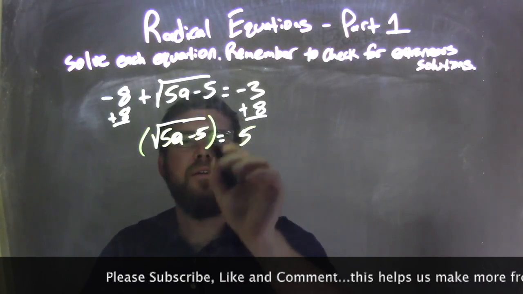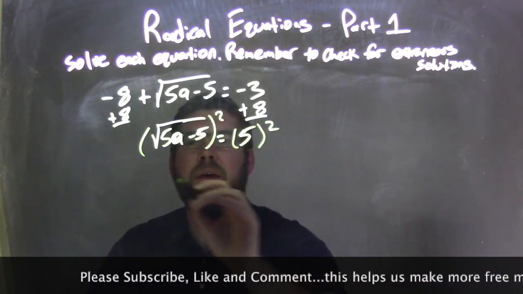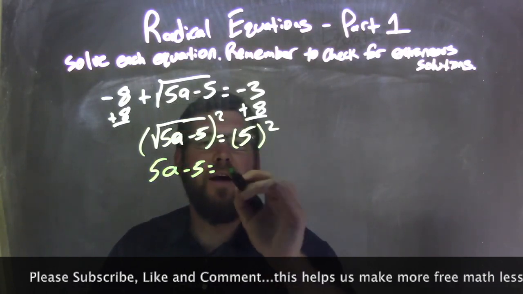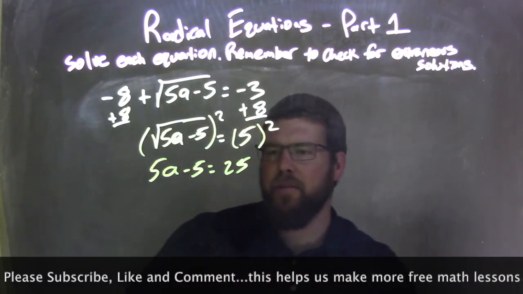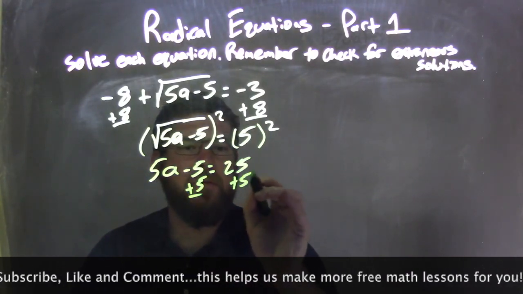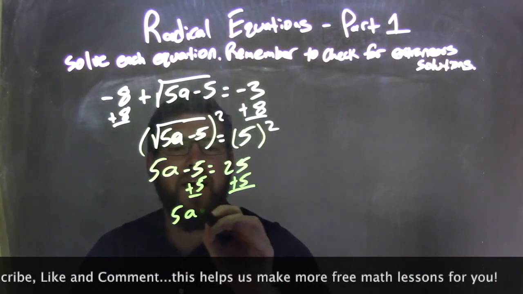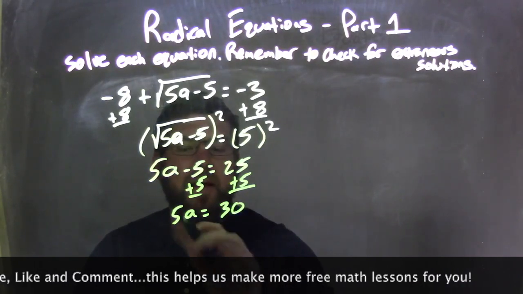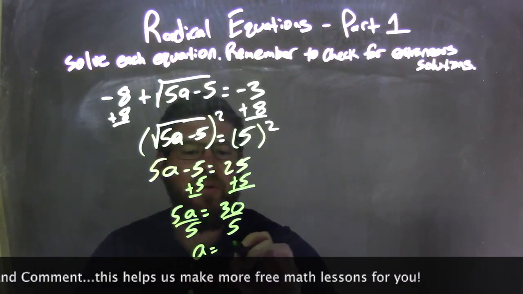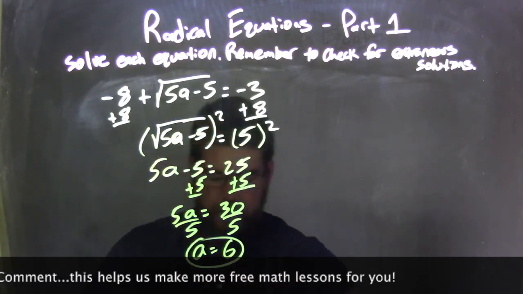I then square both sides of the equation, leaving me with 5a minus 5 on the left equals 5 squared, which is 25. A lot of 5's here. I then add a 5 to both sides, leaving me with 5a equals 30. I then divide by 5 to get a by itself, and a equals 6. Okay?